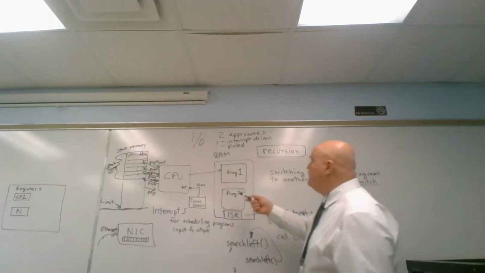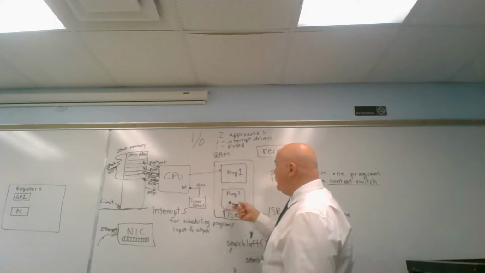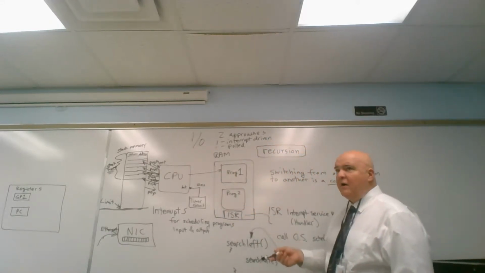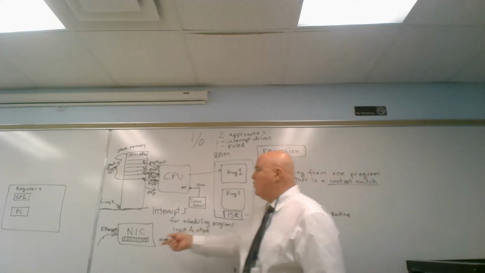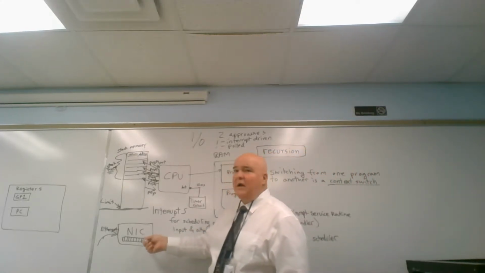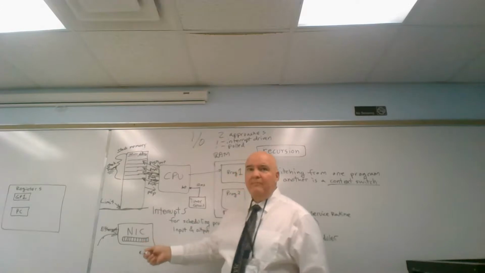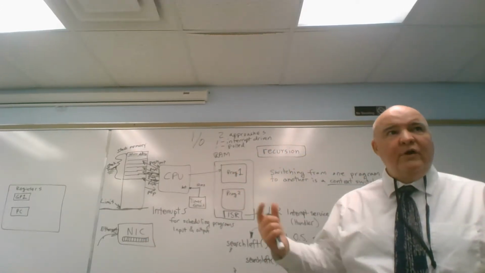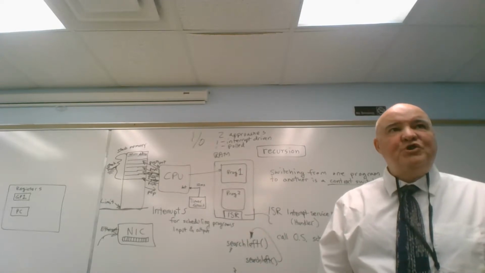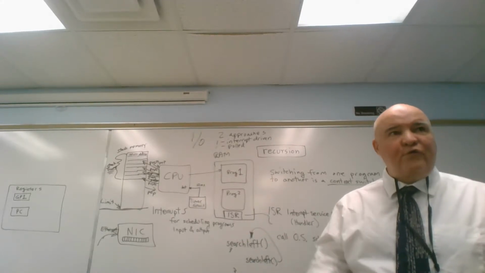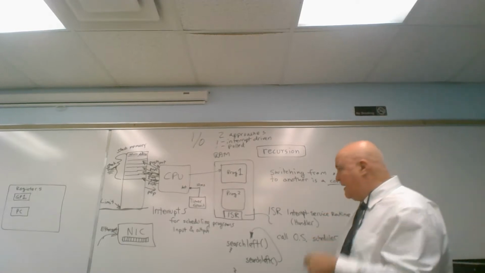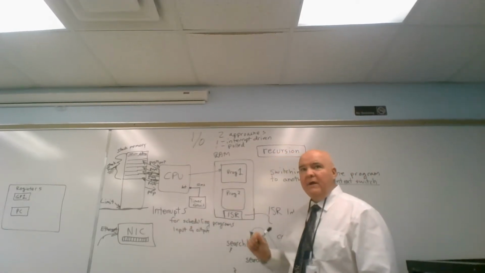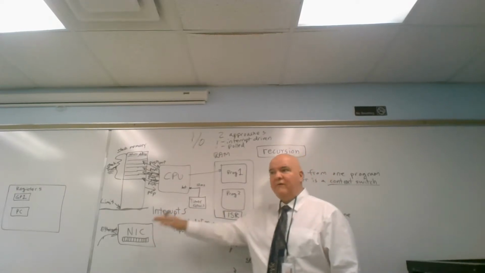Within our program, maybe in the OS, in the ISR, we could go out and we could read a register in the NIC chip to see whether there is a frame present. There could be a register in that chip that we read to see whether or not a frame has come in. So at some interval, we would say, is there a frame yet? Is there a frame yet?